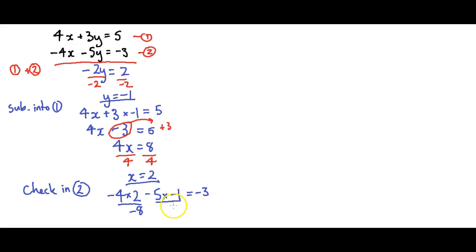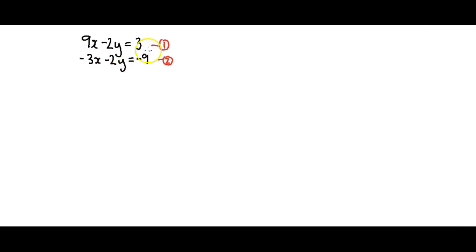Negative 5 times negative 1 is positive 5. And negative 8 plus 5 is negative 3, which equals negative 3, so it checks. Therefore, x and y is equal to 2 and negative 1. That's where the graphs of these two straight lines intersect, and it's when x is 2 and when y is negative 1, it makes both these equations true.